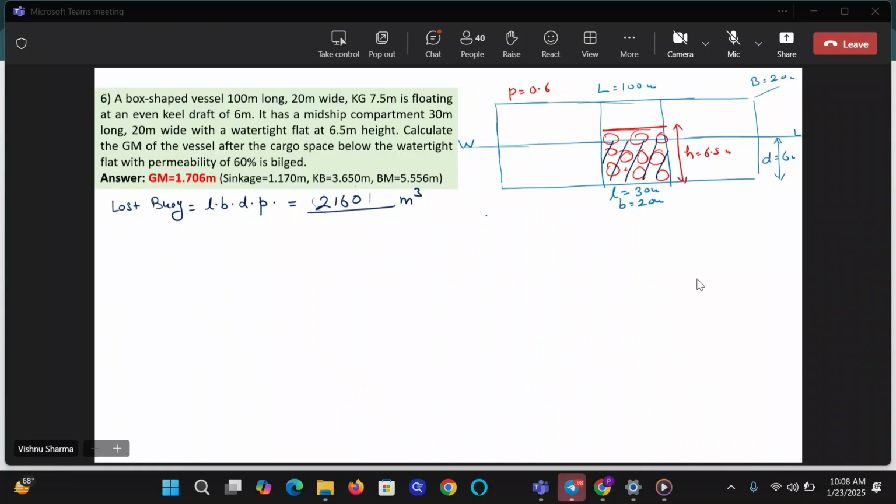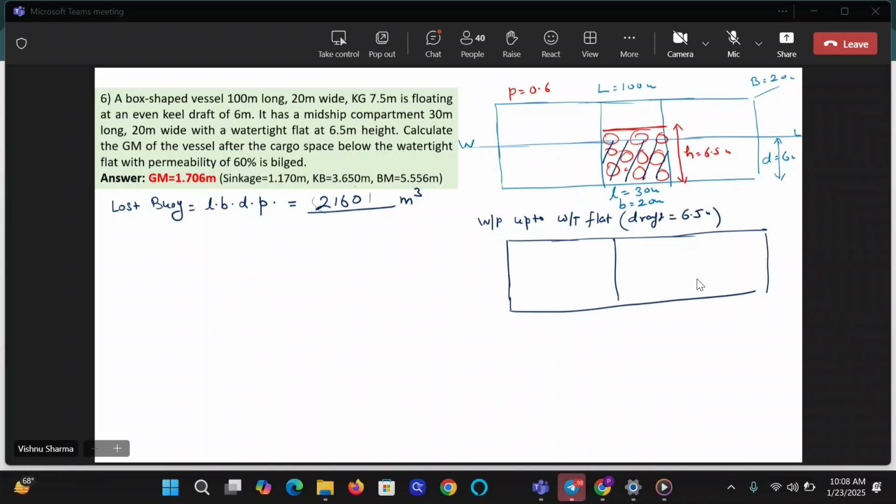Water plane up to watertight flat, or you can write up to draft of 6.5 meters. I'm sure you'll agree that there will be a partial loss of water plane because of cargo.